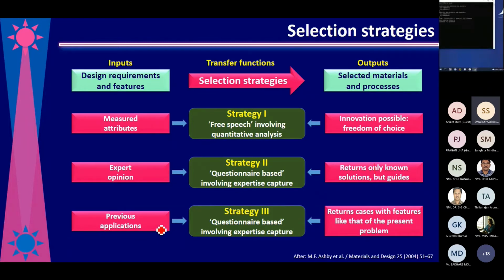You just go by the fact that for such an application we had used this material and process, so we will use the same. It returns cases with features like that of the present problem. Same problem and same solution. So strategy 3 is highly non-scientific, but may work.